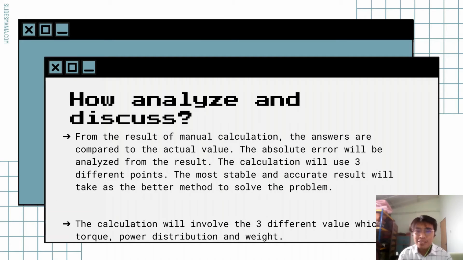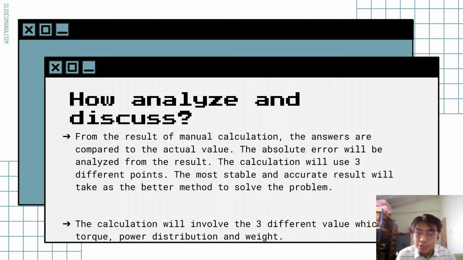Okay, for the next part, which is how to analyze and discuss the interpolation. From the result of manual calculation, the answer will be compared to the actual value from the actual table. From the manual calculation, we will find the absolute error, and from the absolute error we will analyze the result of the calculation.